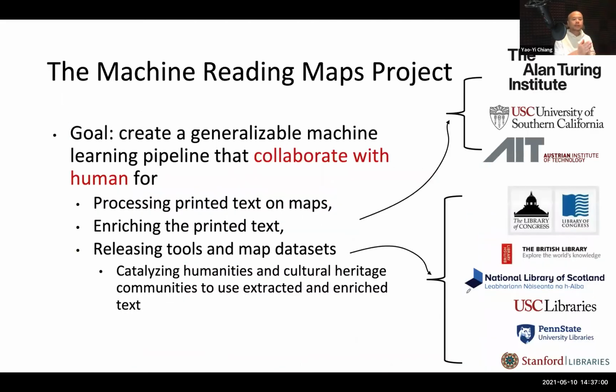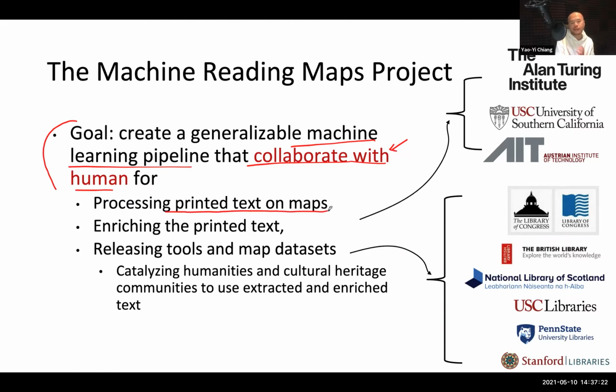All right, the Machine Reading Maps project. In the project, our goal is to create a generalizable machine learning pipeline that will be able to collaborate with humans. So this is a very important part. We want to be able to work with humans for processing printed text on maps.